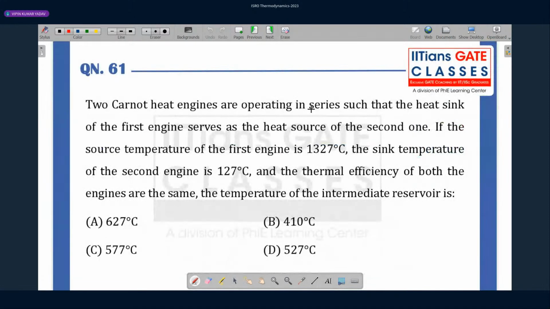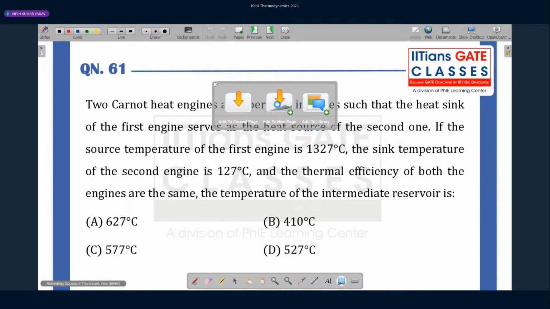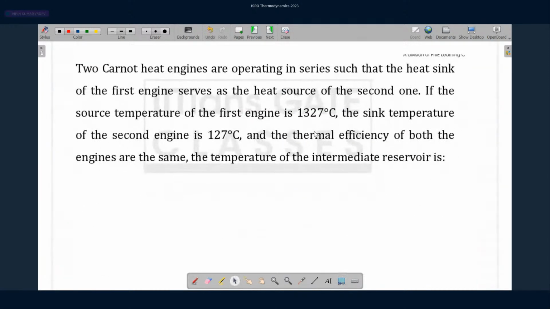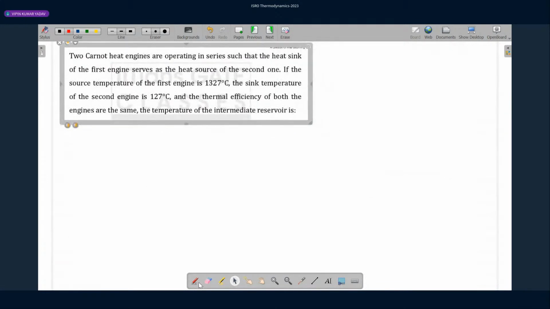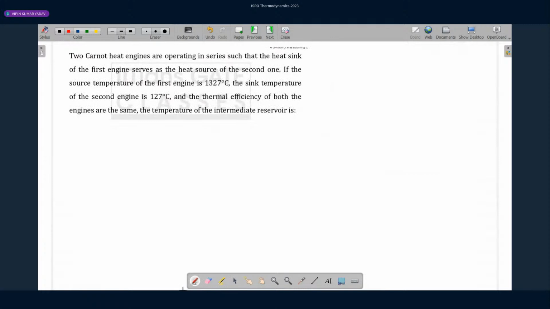Two Carnot heat engines are operating in series such that the heat sink of the first engine serves as the heat source of the second. Let me take this question and add it to a new page. Now what is it saying? Two Carnot heat engines are operating in series.